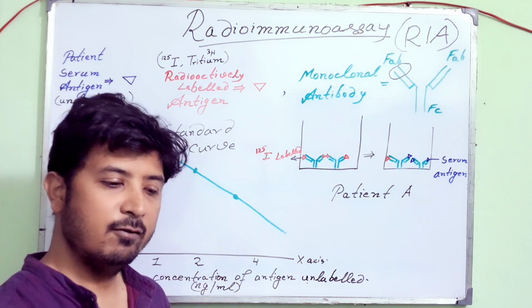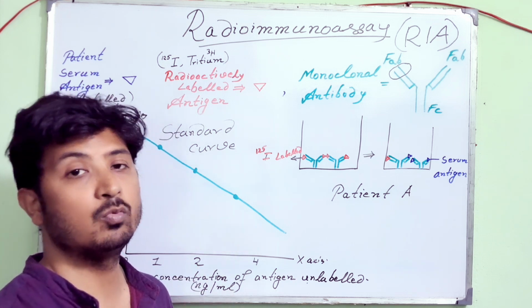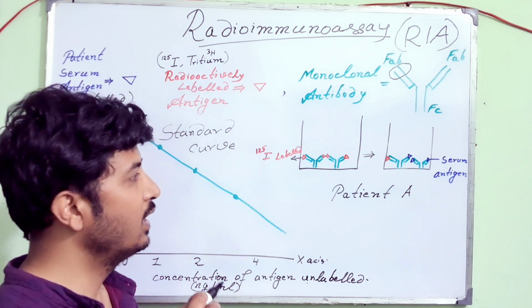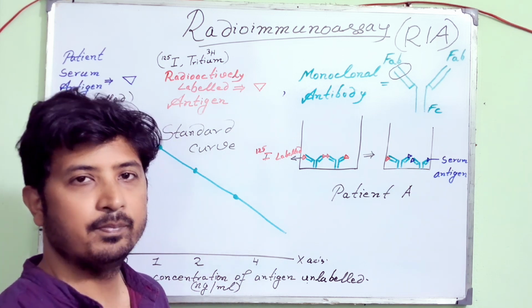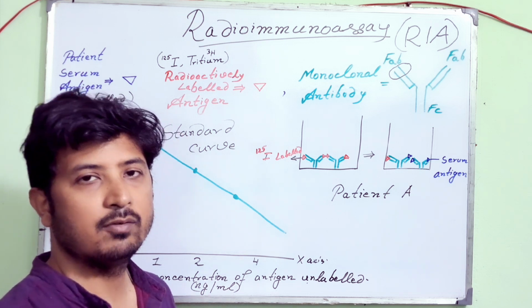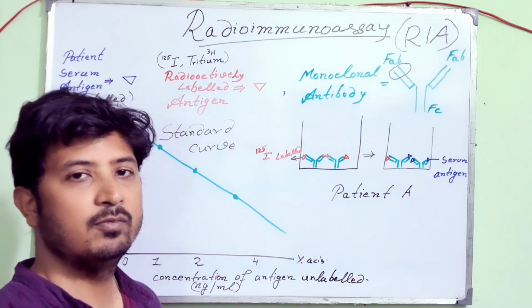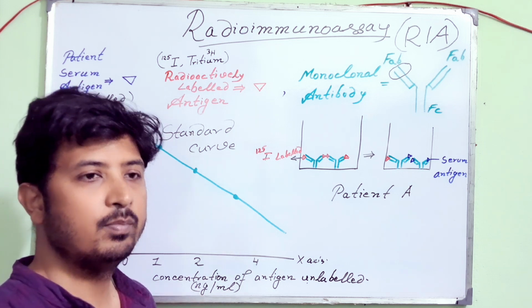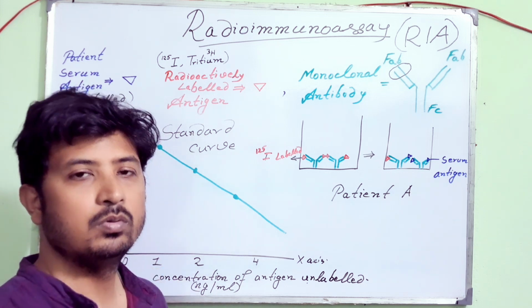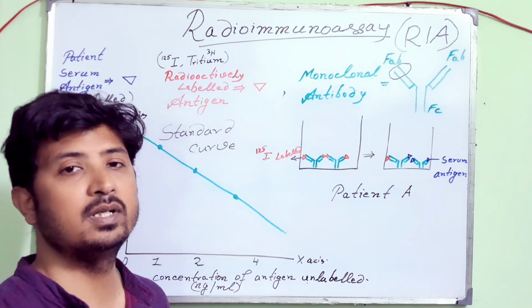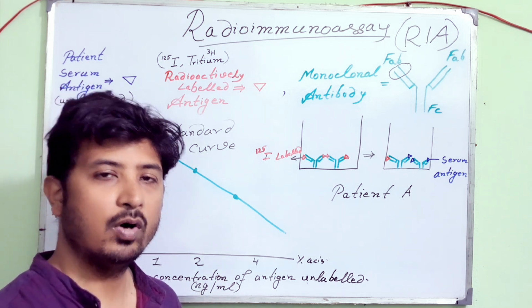Okay, at every step there is an incubation and wash. Don't forget that. I don't need to tell you again and again that every addition of reagent, you have to give some time. That is called incubation time for attachment, and then you have to wash it off, not to release but to remove the unbound antigens or antibodies.